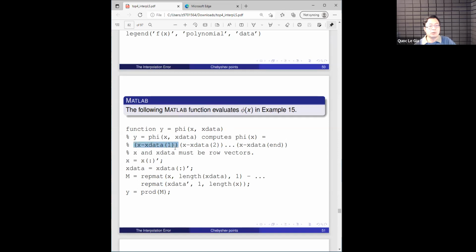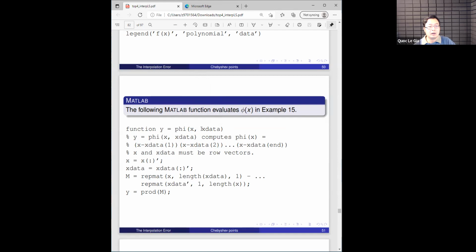Well, if you compute this one over many points x, there's a command repmat, to replicate the matrix. Very handy. Okay, so you just look it up. And then you take the product, and it gives you the function phi. So here x could be a collection of points.